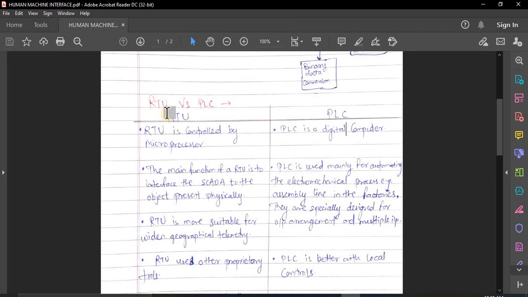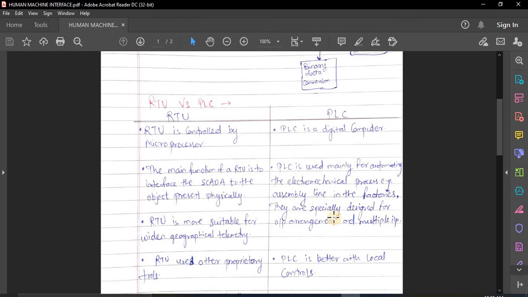So interconnection is done by the RTU. PLC is mainly used for automating the electromechanical process, for making the mechanical process automatic, for example, an assembly line in factories. No human operators are required, just supervision, but no human interference is needed in those cases. PLCs are specially designed for output arrangement and multiple inputs.